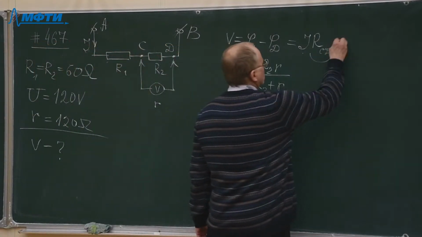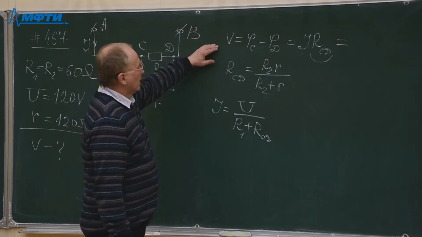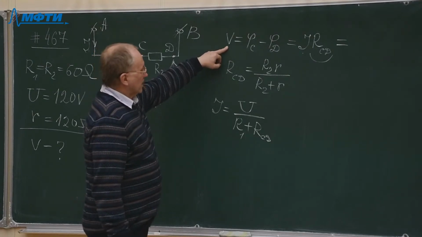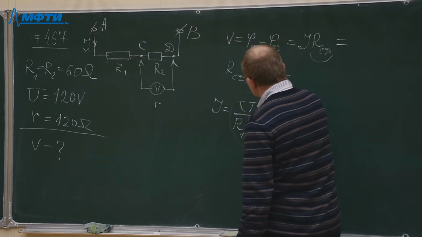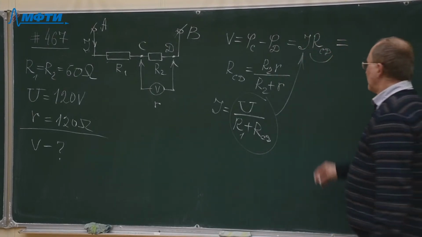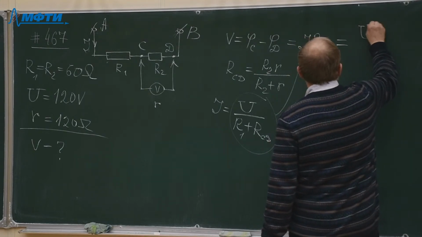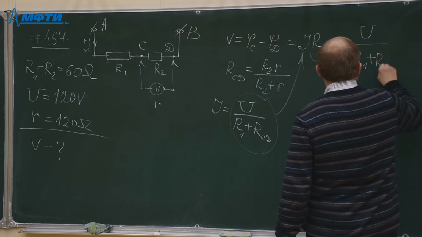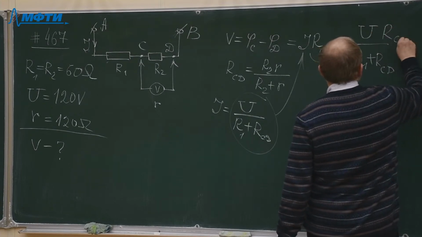So we may continue the formulas in the first line of our equations. In order to find the readings of the voltmeter, we may continue these formulas by substituting this expression for the total electric current, and that will be U divided by R1 plus RCD and multiplied by RCD.